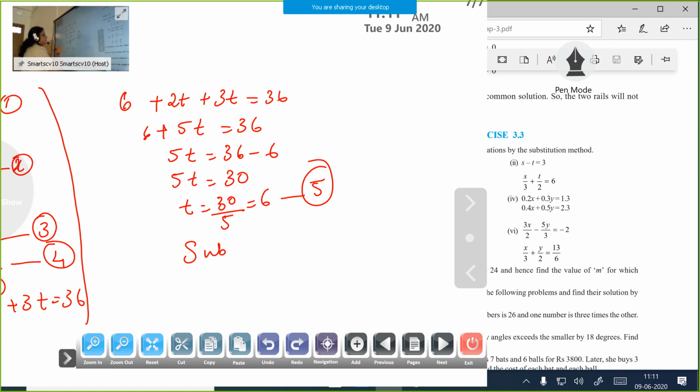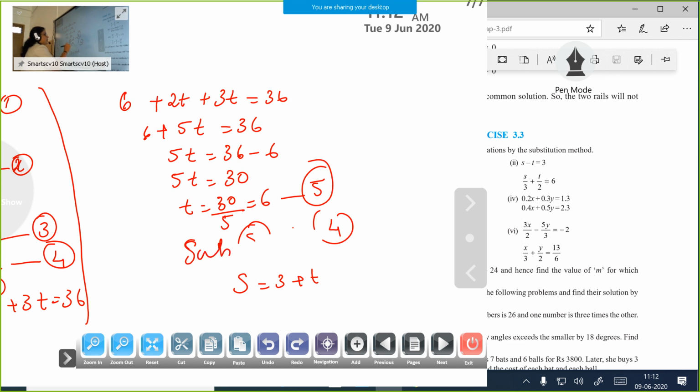Substituting 5 in 4. What is 4? s is equal to 3 plus t.